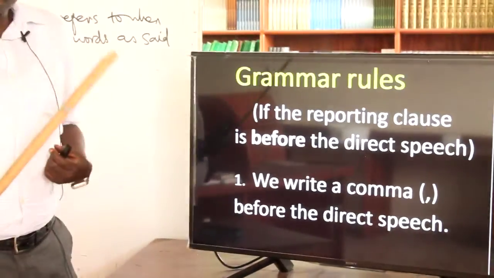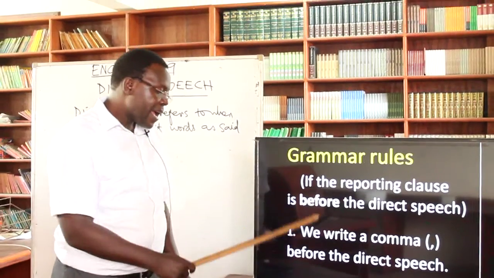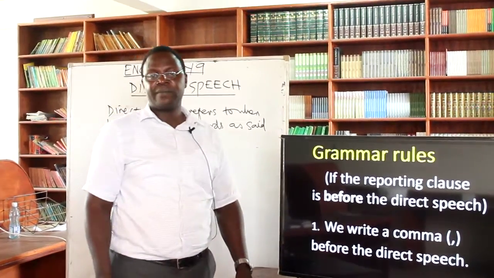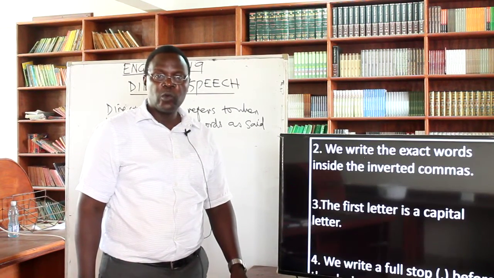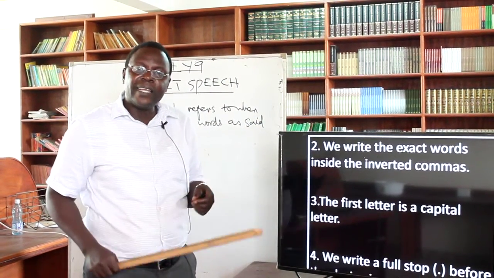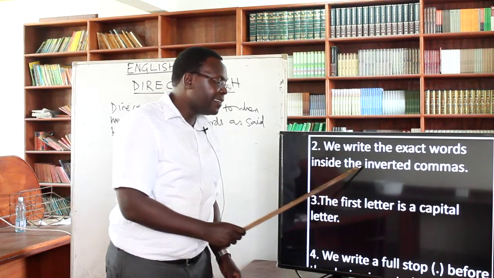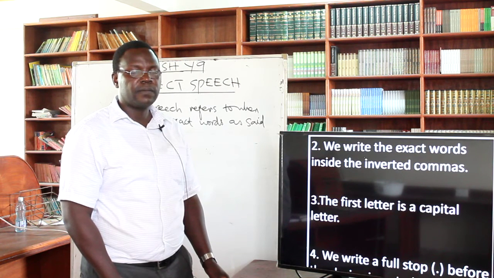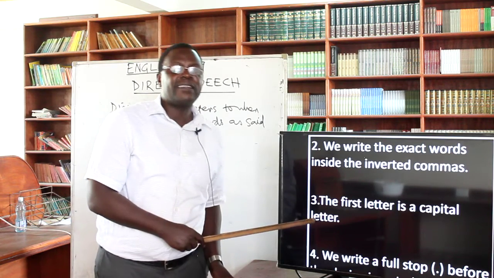If the reporting clause is before the direct speech, grammar rule 1, we write a comma before the direct speech. 2, we write the exact words inside the inverted commas. 3, the first letter is a capital letter.